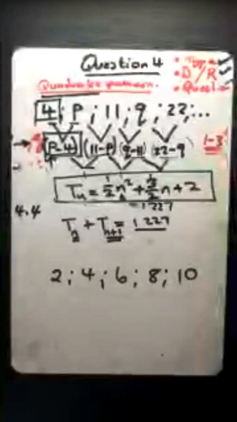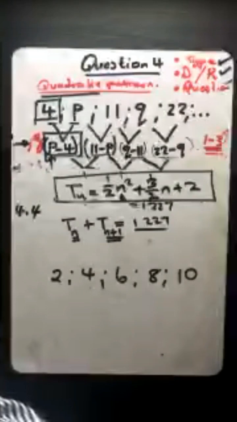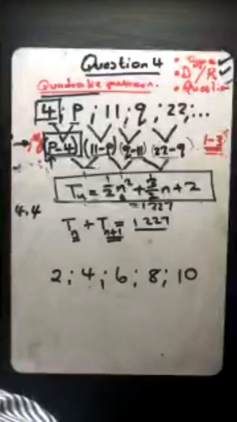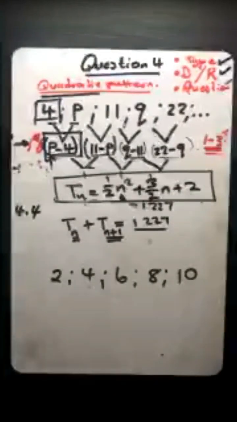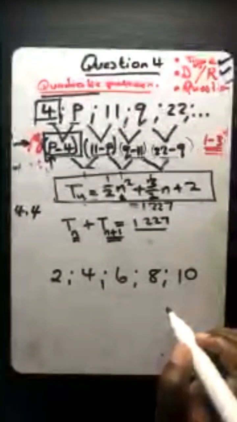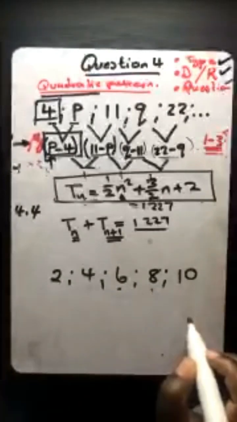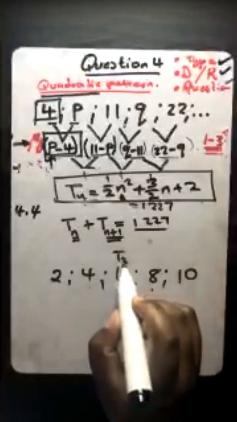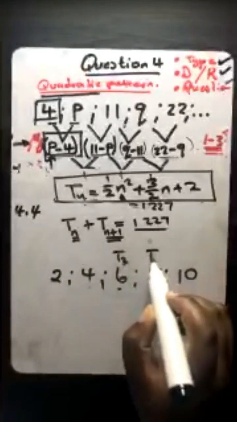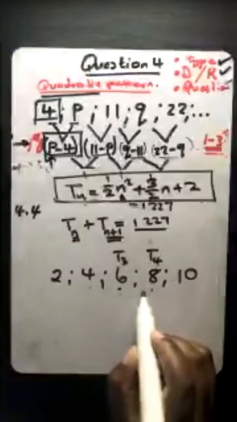No. I'm sure you guys are surprised why I'm saying no. I'm saying no because it's not 6 and 8. It's term number 3 and number 4 that when you add them together, they give you 14.